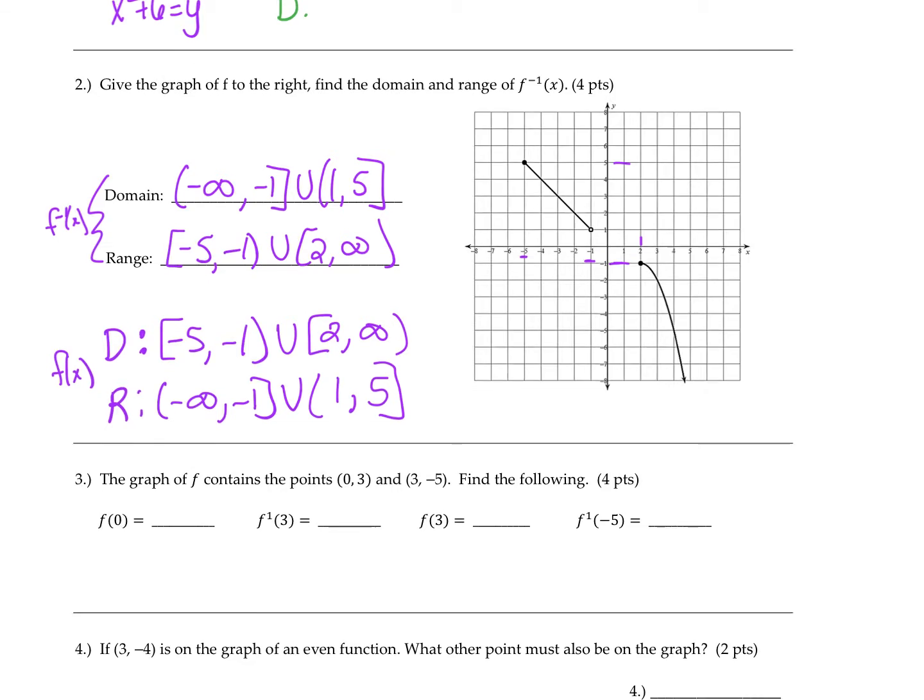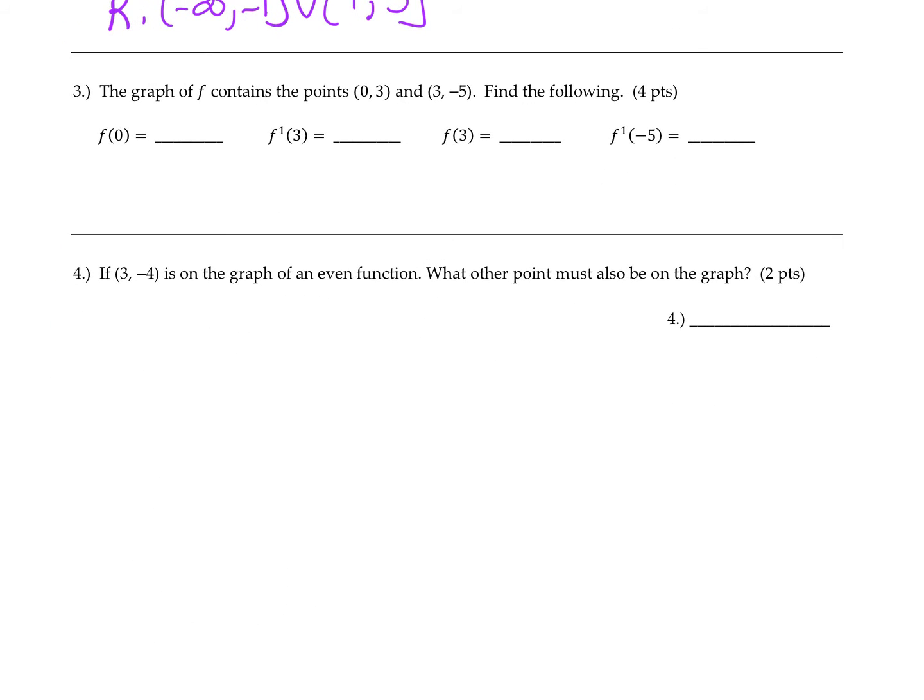In number 3, it is talking about a point, 0, 3, and 3, -5. So remember, when it comes to an inverse, if I have a function with the point x comma y, the inverse would have the point y comma x. So this says f of 0, meaning that x is 0.